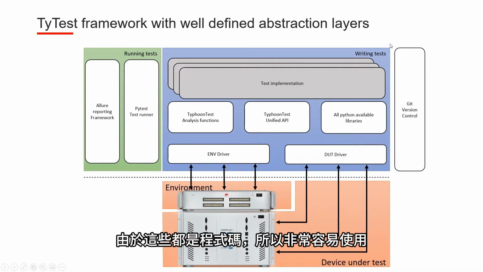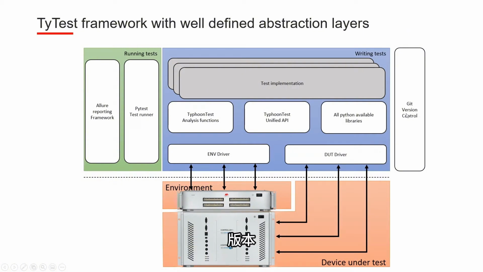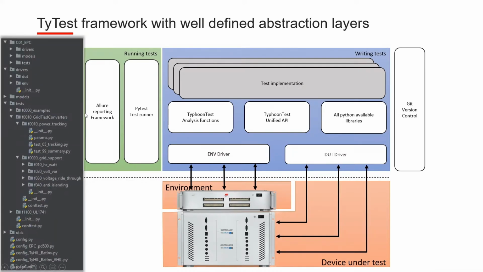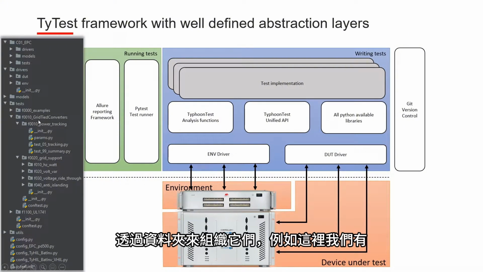Since this is all code, it's very easy to use version management control software in order to track all the changes. Here is just a snapshot of how you could structure your test folder, so you can organize them by folders.